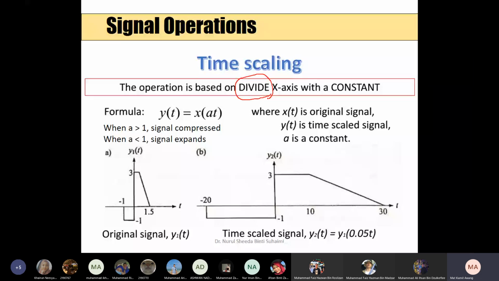So I should change this to multiply to have a more accurate representation. So the operation is based on the multiplication of the x-axis with a constant.